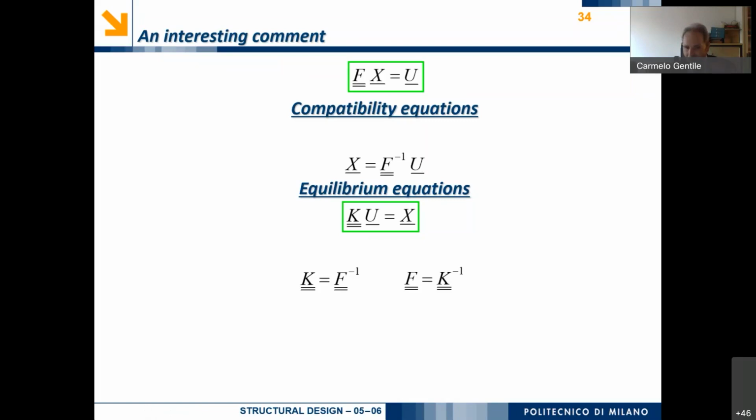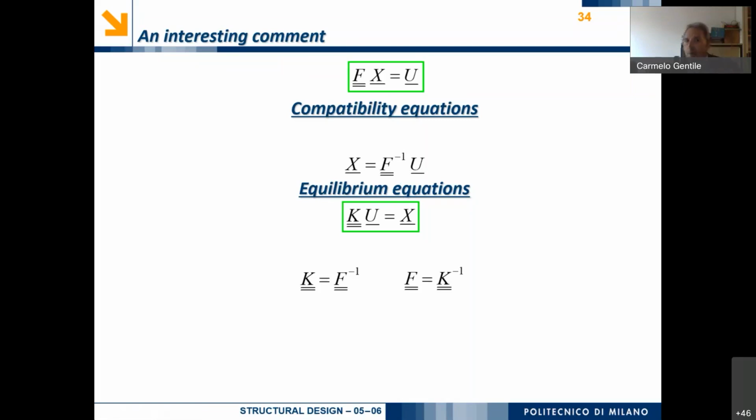So it's a system of equilibrium equations. And generally, the inverse of matrix F is denoted as matrix K. The matrix K is called the stiffness matrix.